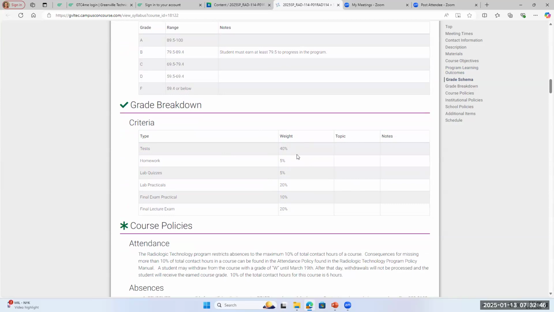So this is the breakdown. Tests are 40, homework is still 5, lab quizzes are still 5, lab practicals are 20, final exam practical is 10, and the final lecture exam is 20 for a total of 100%. I've looked at this 100 times, but just making sure. So that's changed just a little bit from last semester.